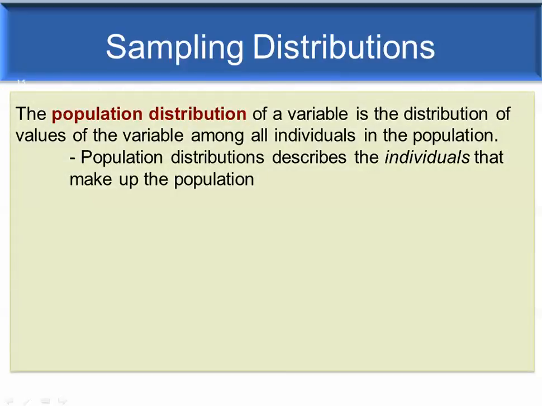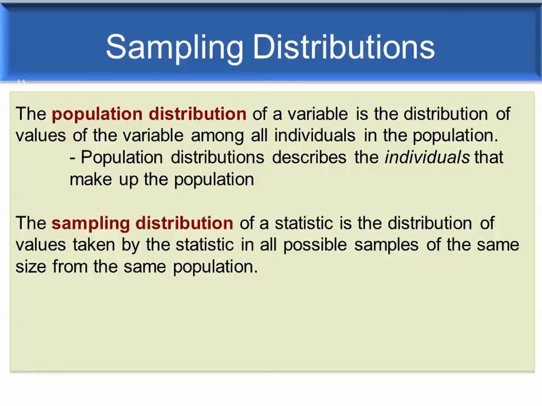So just to get a further distinction here, the population distribution is a distribution of all of the values among the individuals in that population. So if we were to actually graph the heights of all of those 1,000 people, that would be a population distribution, describing the individuals that make up the population.